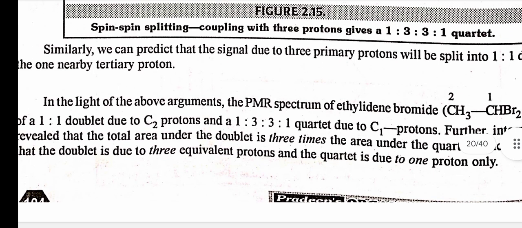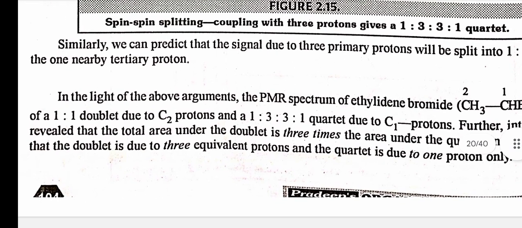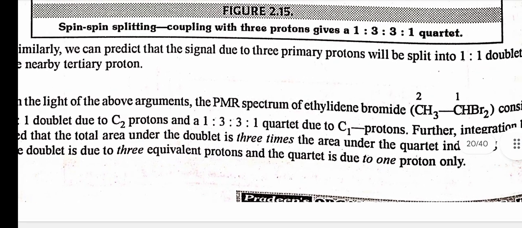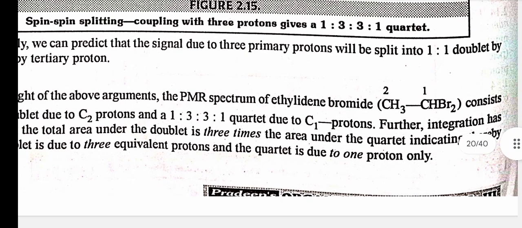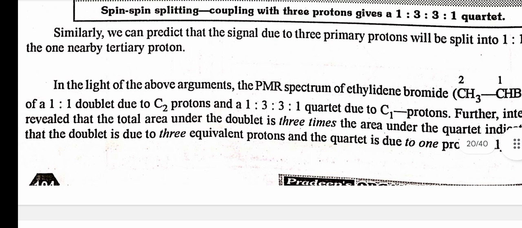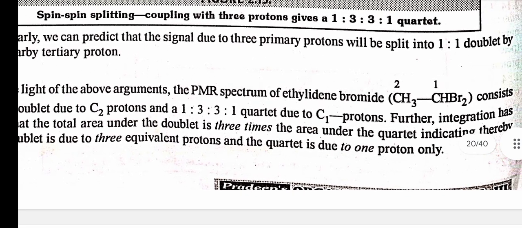Similarly, we can predict that the signal due to 3 primary protons will be split into a 1:1 doublet by the one nearby tertiary proton. In the light of the above arguments, the PMR spectrum of ethyl bromide consists of a 1:1 doublet due to C2 protons and a 1:3:3:1 quartet due to C1 protons.